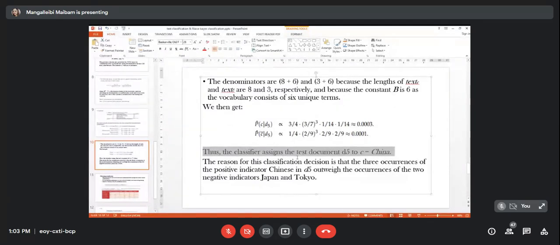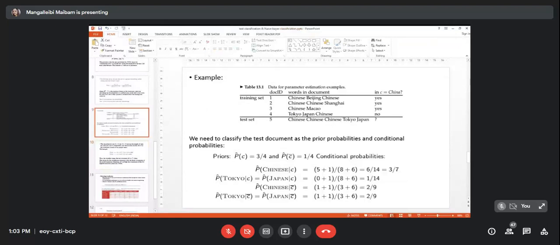Conditional probability for Tokyo. You can even see the slide and explain if you understand. Because this part is very important, that's why I've asked you. For your exam portion, this part is very important.